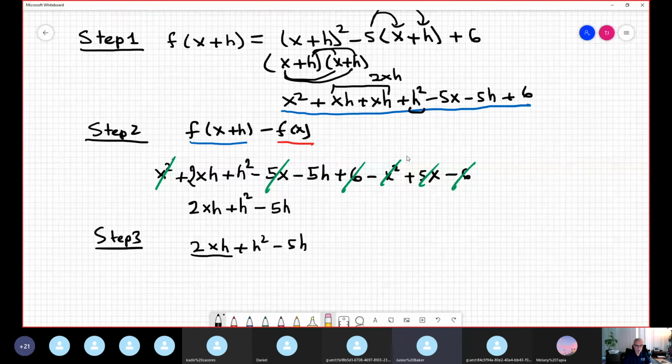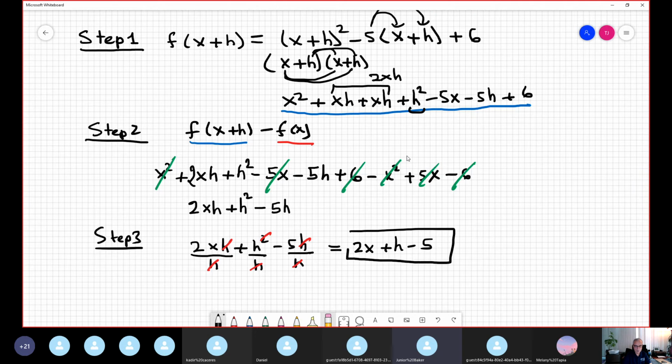If you divide by h, you can divide one by one because it's a polynomial divided by a monomial. So this h is cancelled, this h is cancelled, and this h is cancelled. One h from each of these. What stays is 2x plus h minus 5. And this is the final answer.